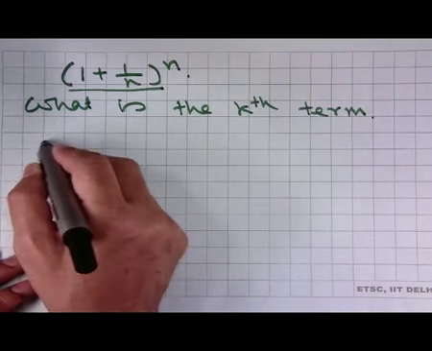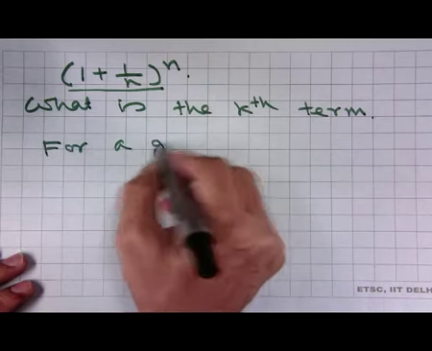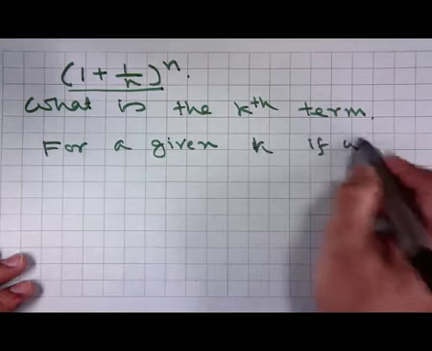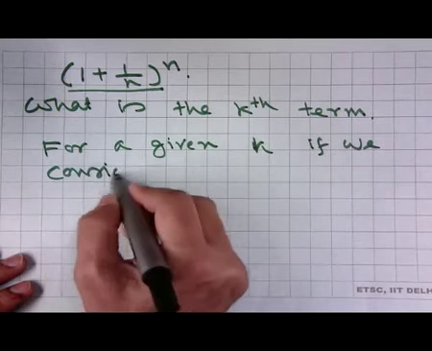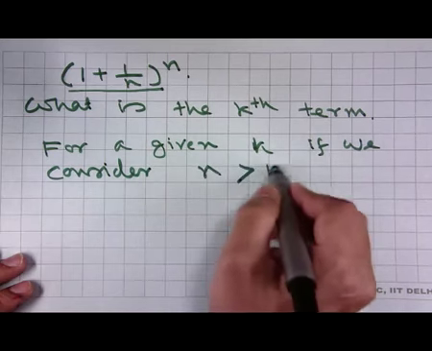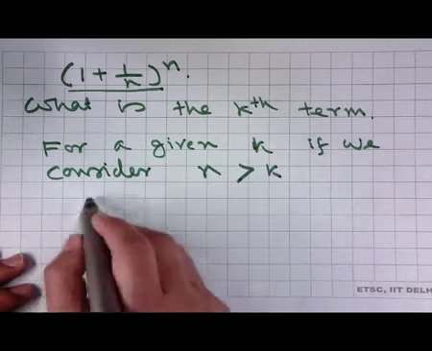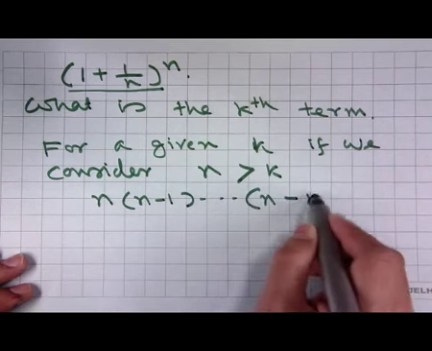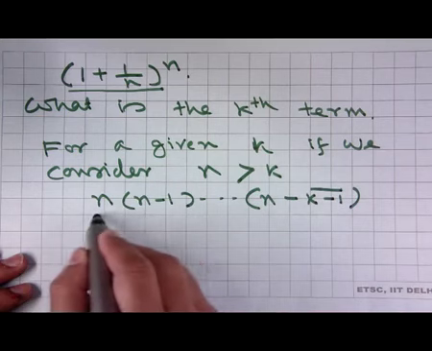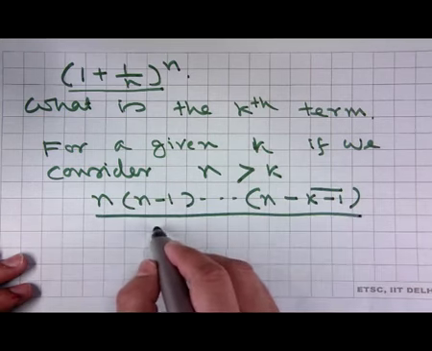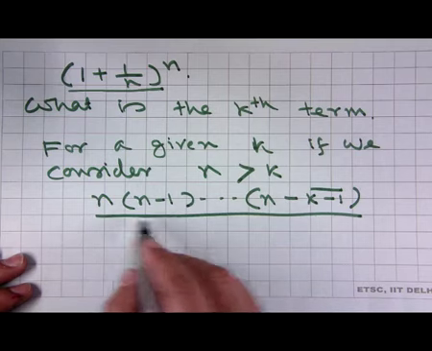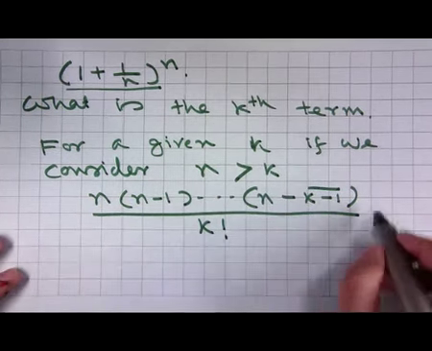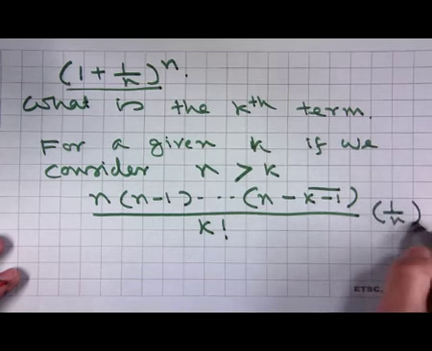So, for a given k, if we consider n greater than k, then the coefficient is going to be n into n minus 1 into n minus k plus 1 upon factorial k, it is n c k, into 1 by n whole to the power k.